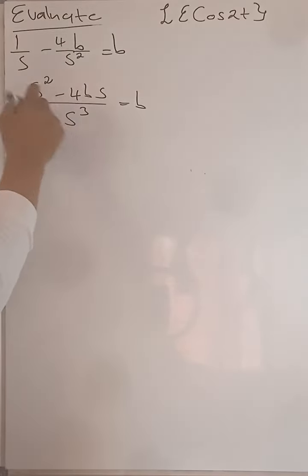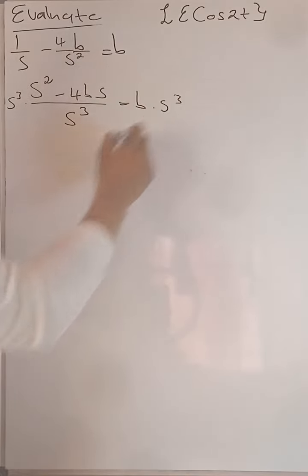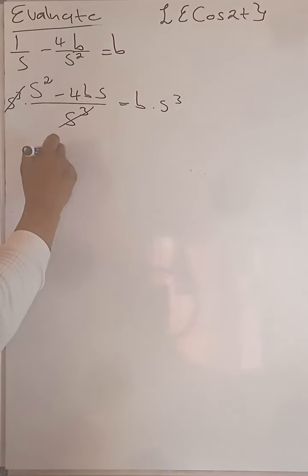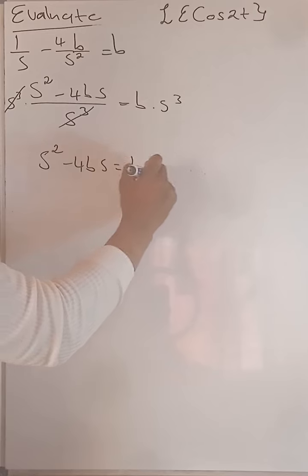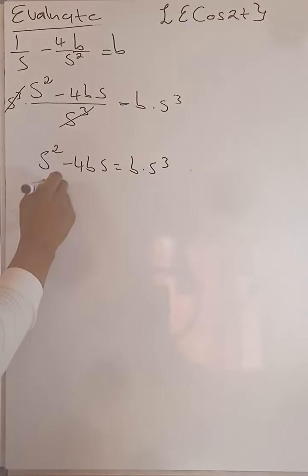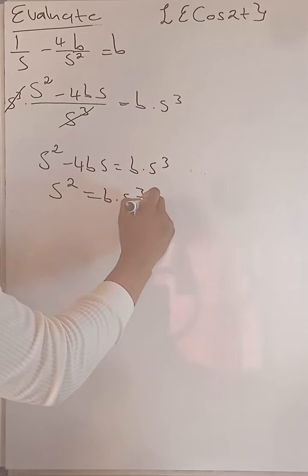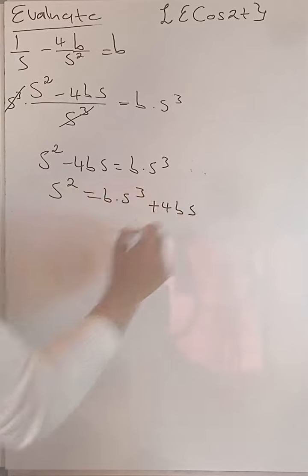So if I multiply by s to the exponent 3 this side and s to the exponent 3 this side, this s will cancel out this s. So my s squared minus 4bs will be b times s to the power 3. But my s squared will be the same as bs to the power 3. This 4, when it goes to that side, it becomes positive 4bs.